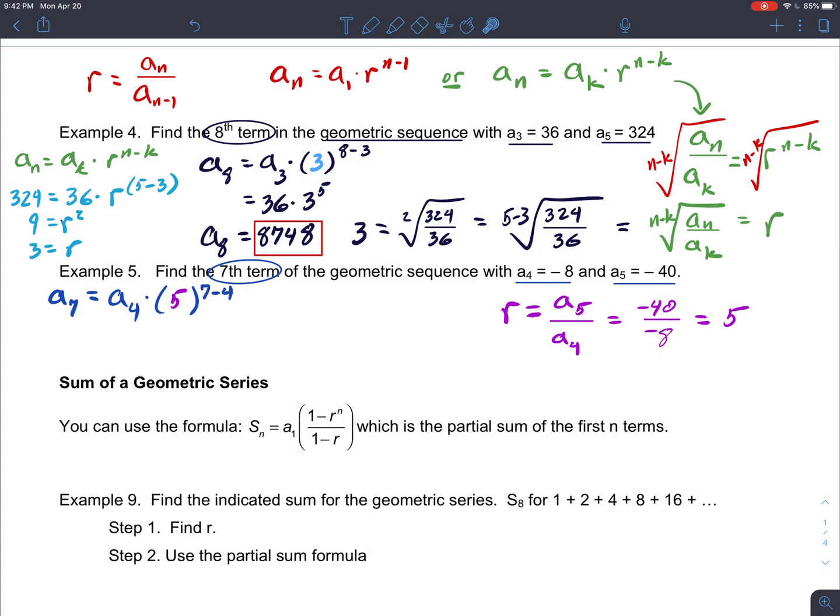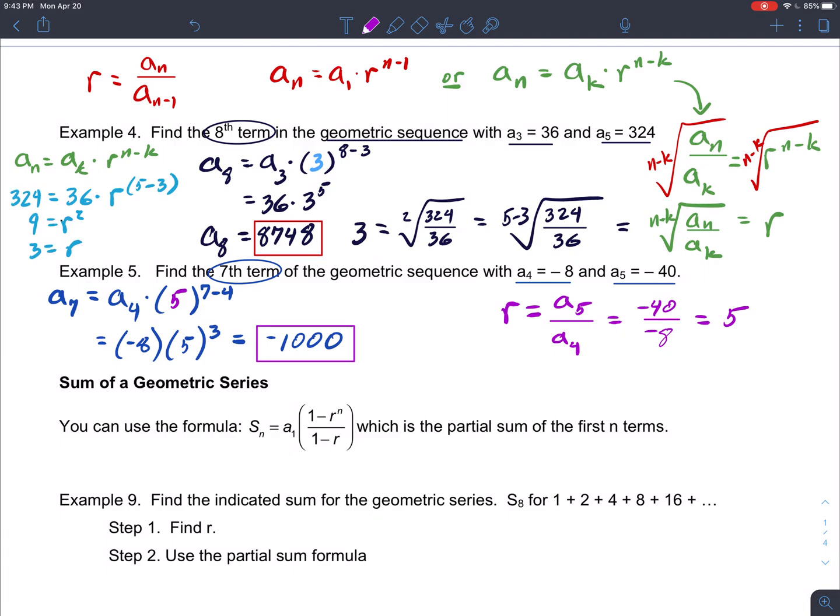Again, the numbered term is 7, that's my n, and the number of the earlier term I had was 4, so n minus k. So my previous term, negative 8, times 5 to the third power, and I get negative 1,000 out of that. So the seventh term is negative 1,000.